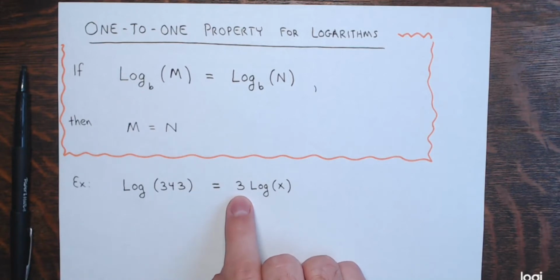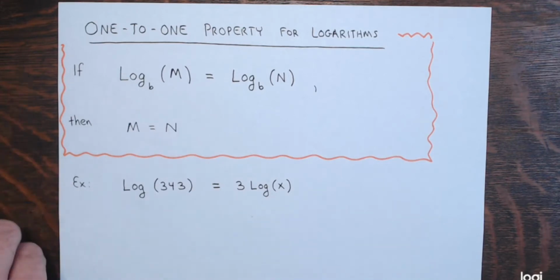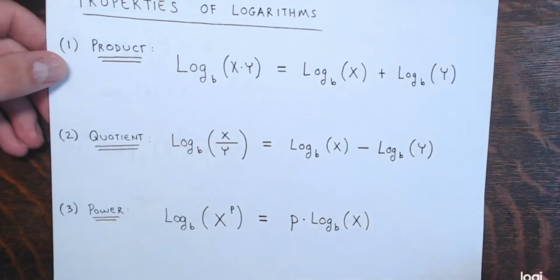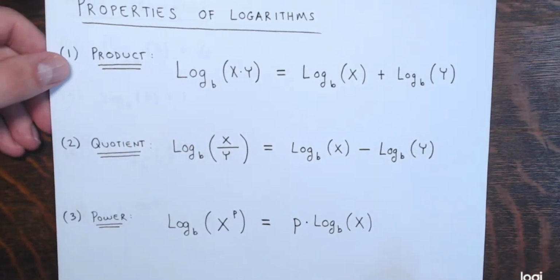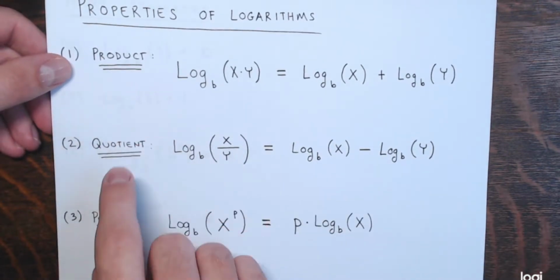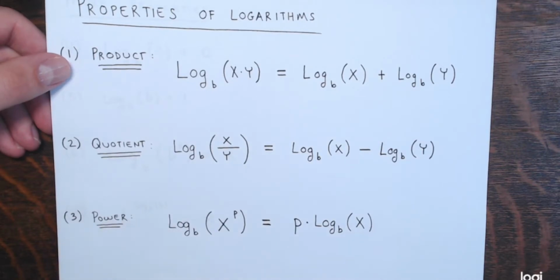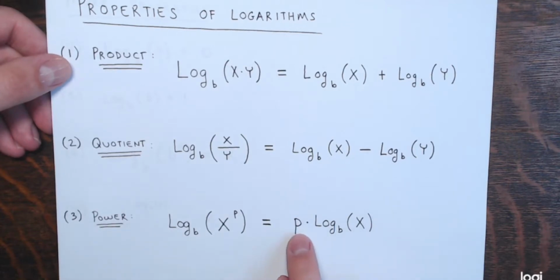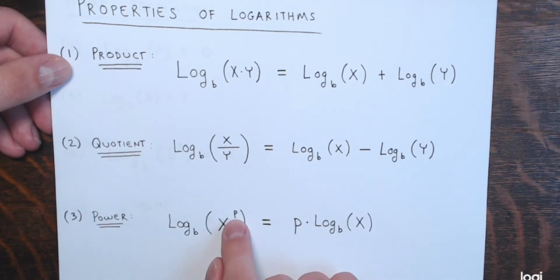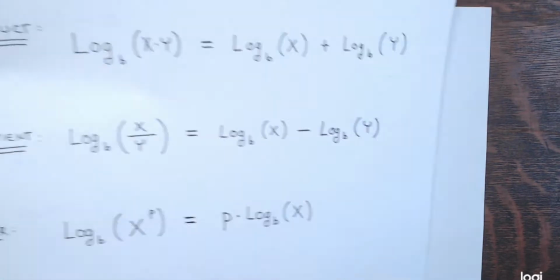So this is where some other properties of logarithms are going to come in. As I mentioned before, we may find use for the product property, the quotient property, or the power property of logarithms. And in this case, we're going to find use for the power property. If you have a number multiplied by a logarithm, that number can go inside as a power, the exponent that the argument is raised to.